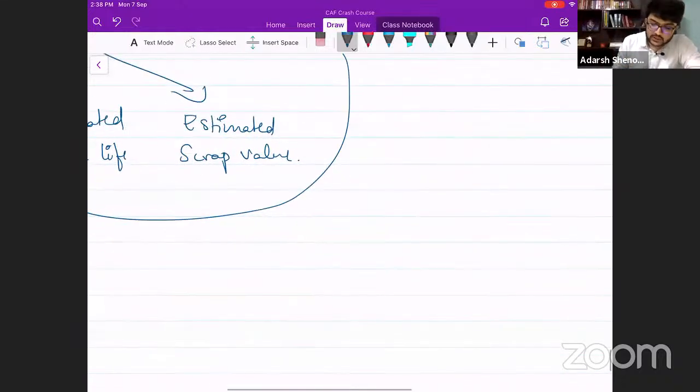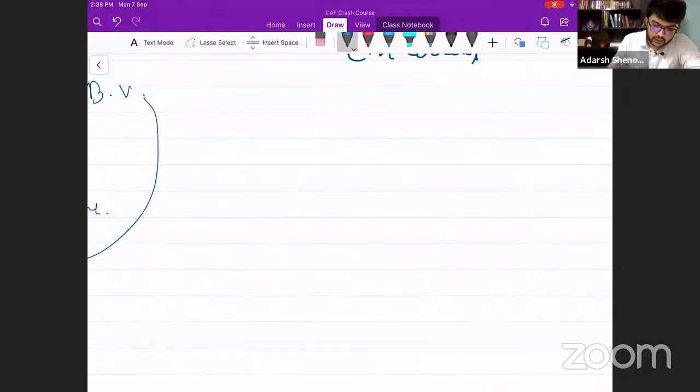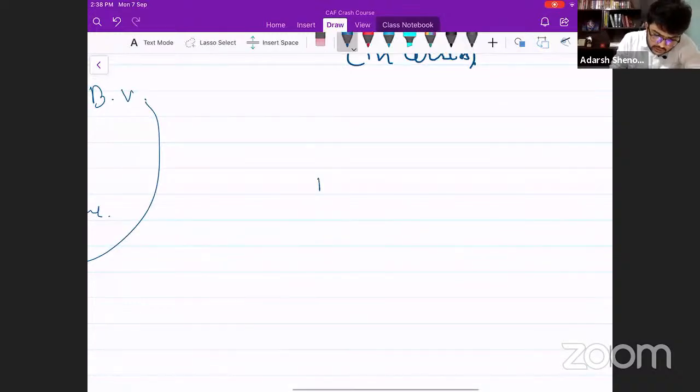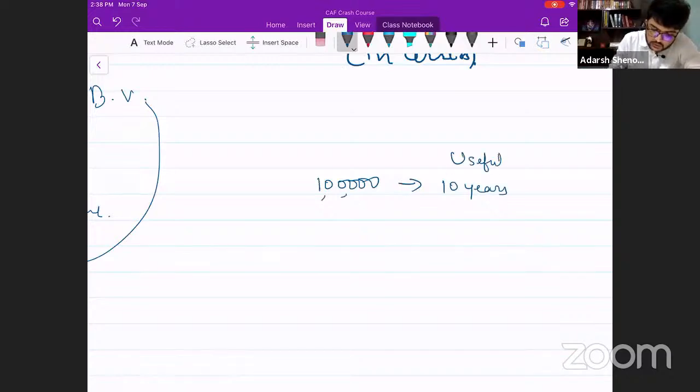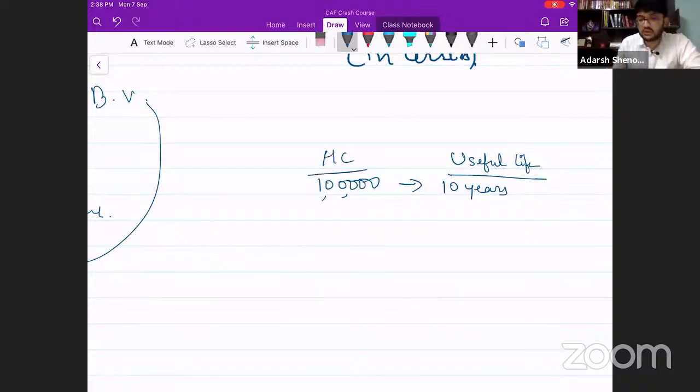I will give you one numerical example. We purchased an asset for 1 lakh. We said the useful life was 10 years. How much is the useful life we estimated initially? 10 years. No scrap value. And this was the historical cost.